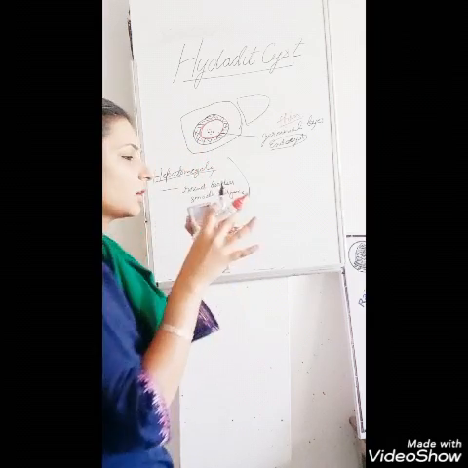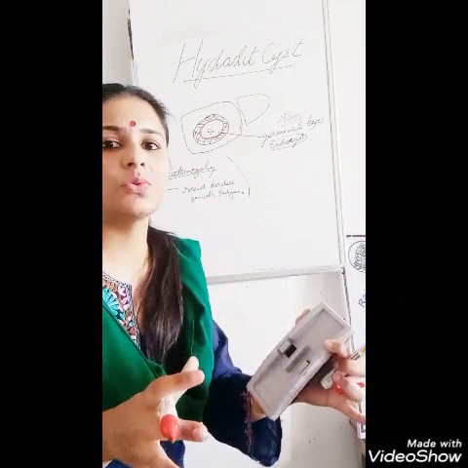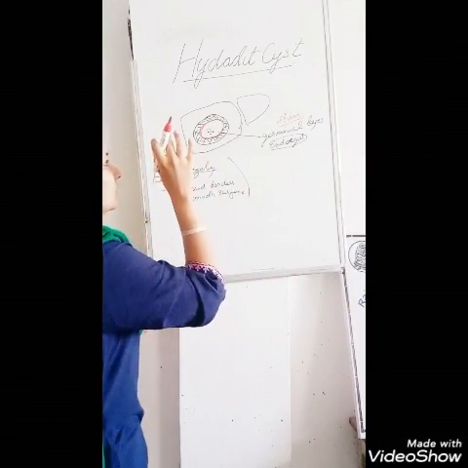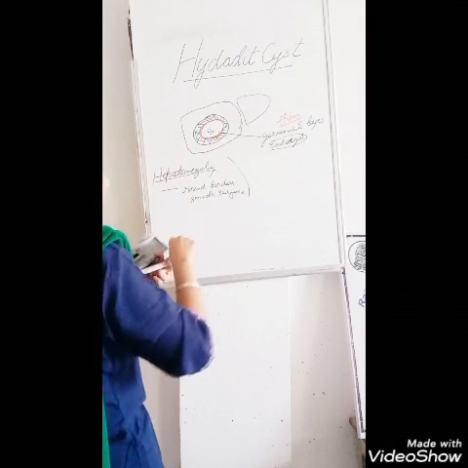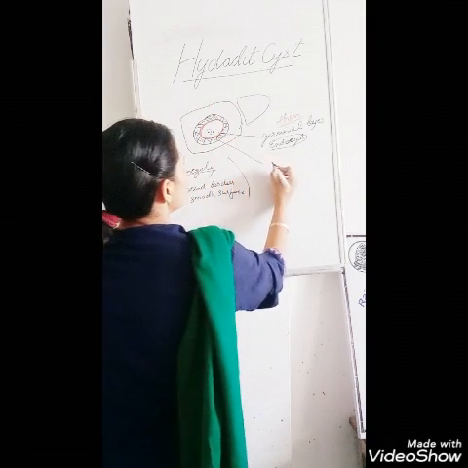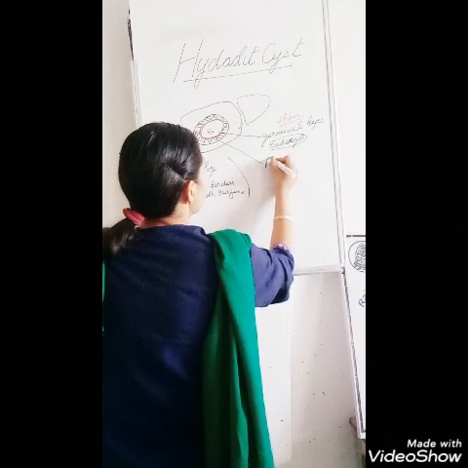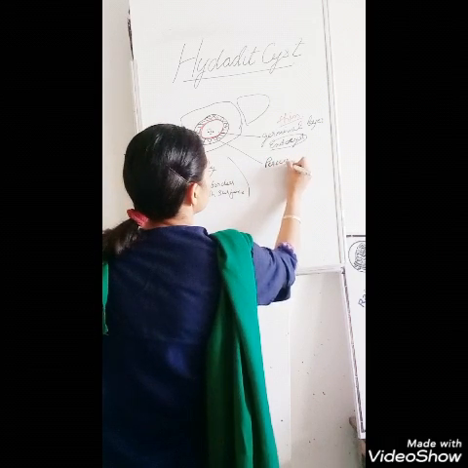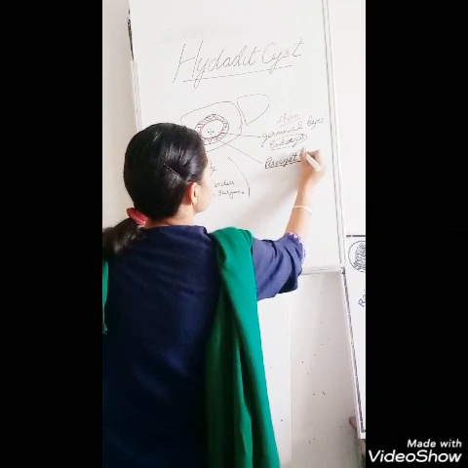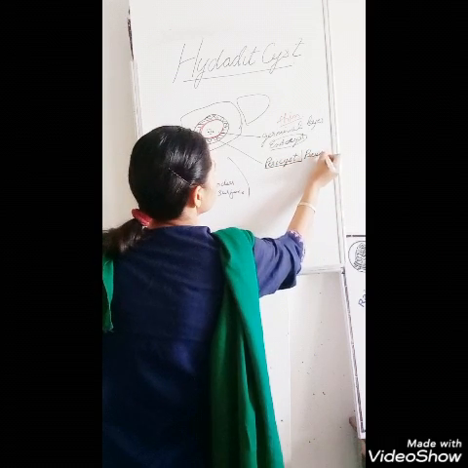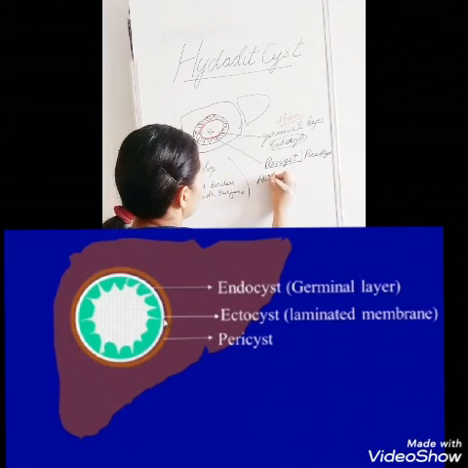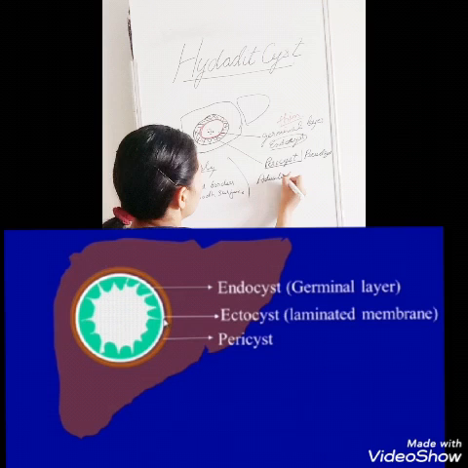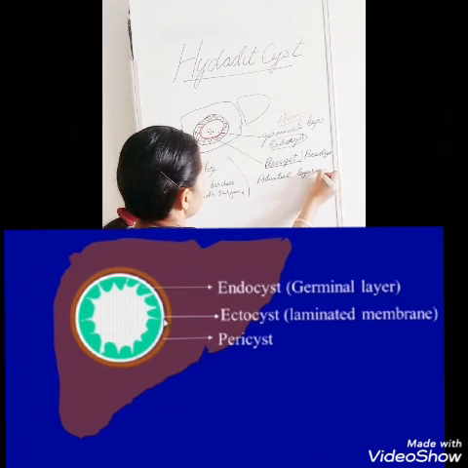Now because it is causing compression to the liver tissue and the surrounding structures, in reaction the liver has formed another layer. This layer is the pericyst, or pseudocyst, also known as the adventitial layer of the liver.